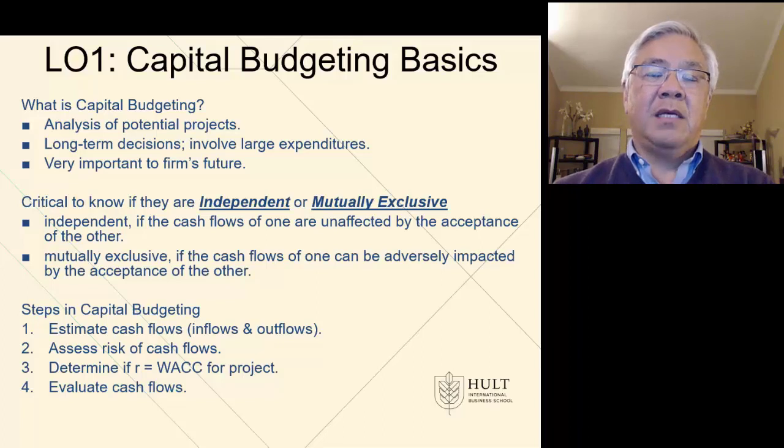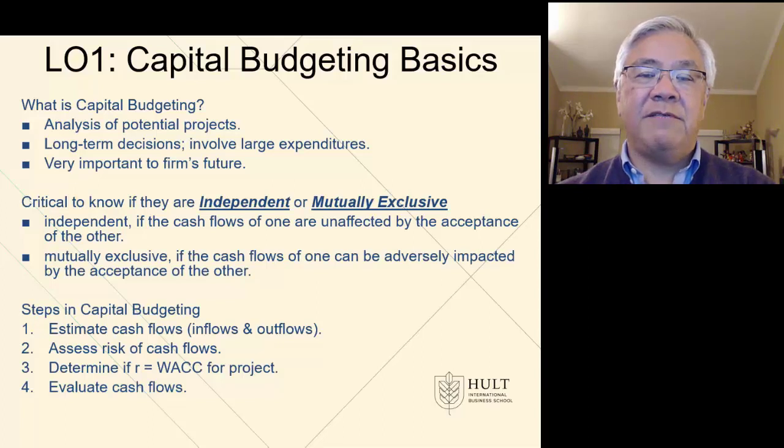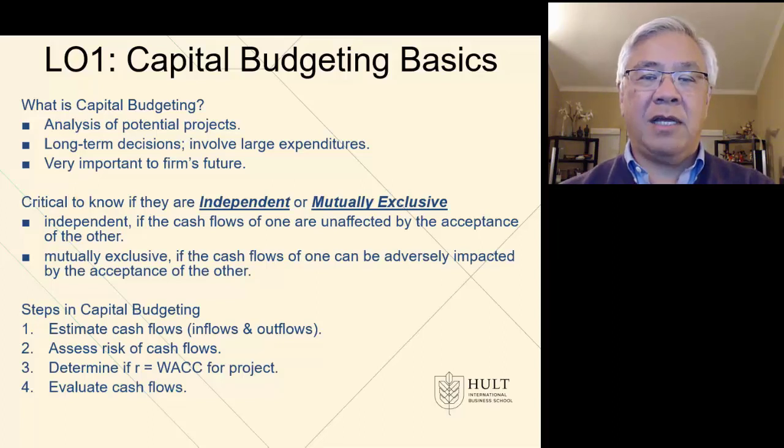So one of the major demarcations in terms of consideration is, is it mutually exclusive or independent? Now this just sounds like words for now, but they're quite important. Independent means if you have 5 projects, you could do each of the 5 or any of the 5 individually or collectively because they don't rely on each other.